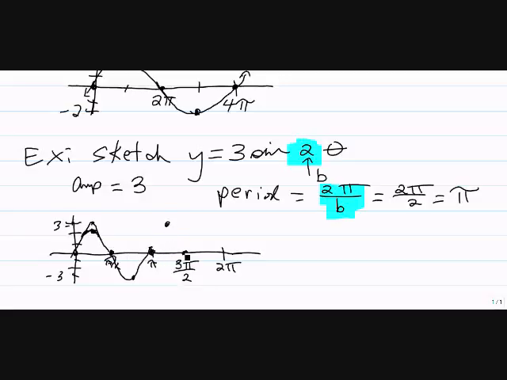Back down to the horizontal axis at the halfway point. At the 3/4 way through my period, I am at my minimum. And then all the way through my period at the end, I am back on the horizontal axis. 2 full cycles between 0 and 2 pi is what that 2 told me.